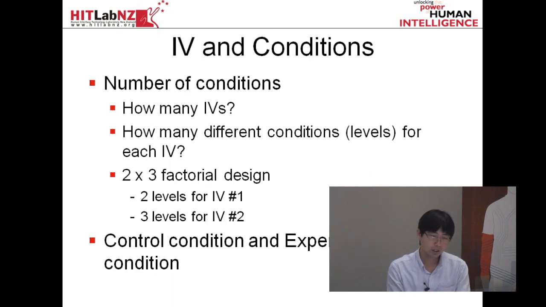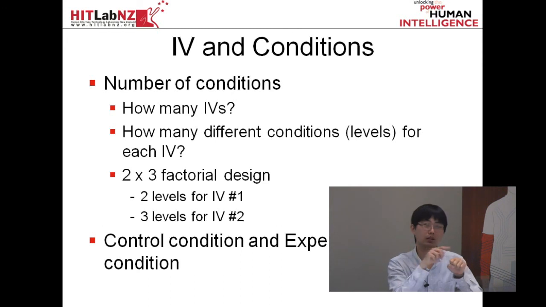So independent variables and conditions are slightly different. If you're comparing two interfaces, there are two conditions, one condition using interface A, the second condition using interface B, but the independent variable is only one, which is the type of interface, okay?